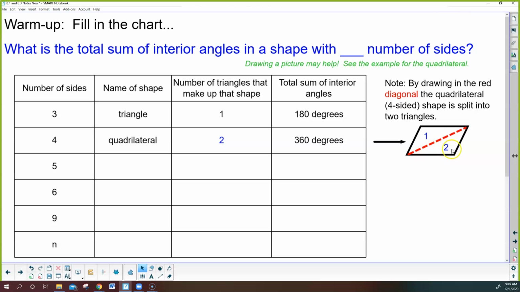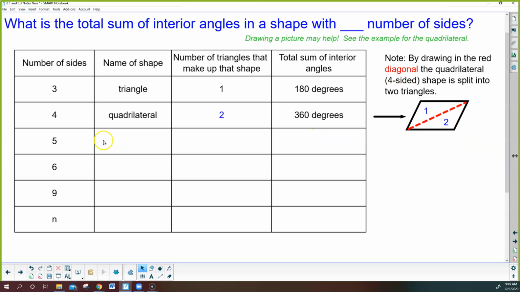So notice I've got a four-sided shape. I split that up, and now it creates two triangles, right? If I have two triangles, well, wait a minute. Triangle 1 has 180 degrees. Triangle 2 has 180 degrees. So that means the total sum of all the interior angles of this quadrilateral is 360.